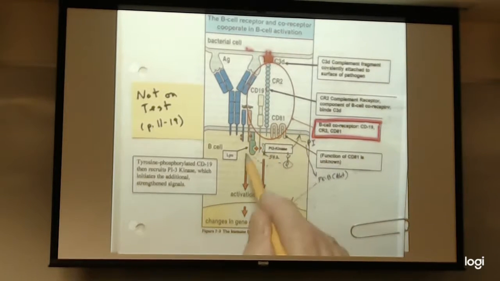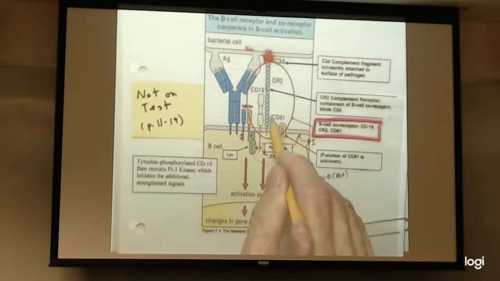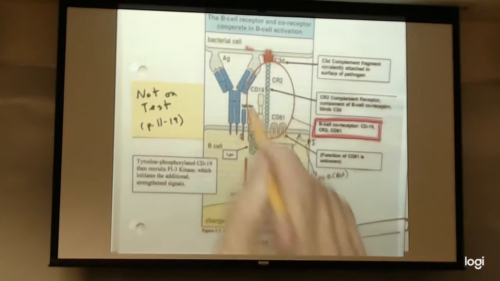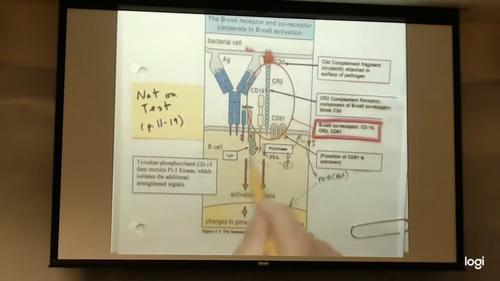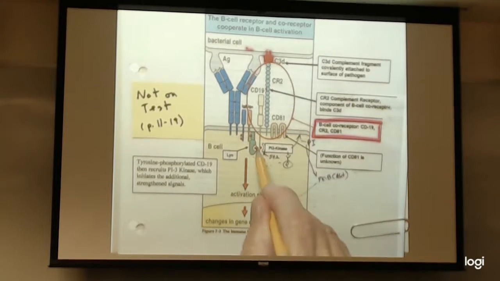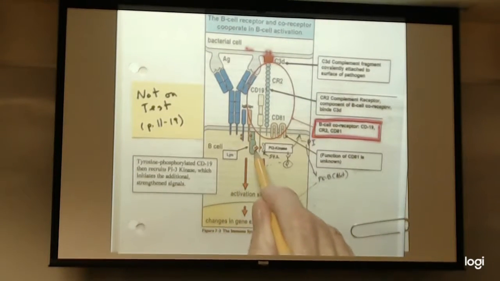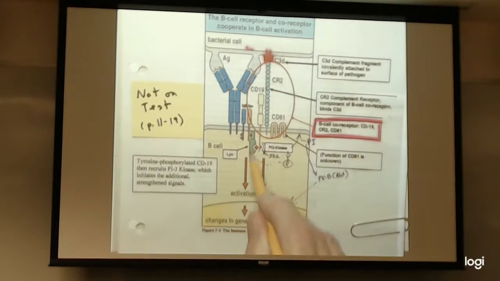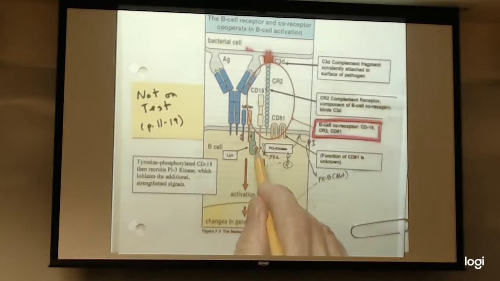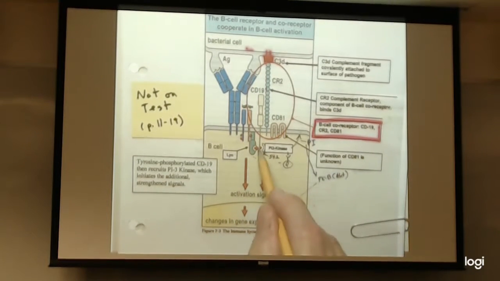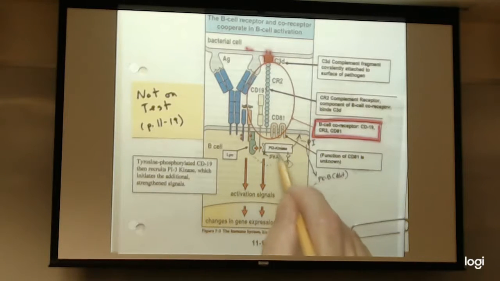And if this is close to the antigen, then CD19 is going to be finding itself close to a Src family kinase called Lyn, lymphocyte kinase, and Lyn will phosphorylate CD19, which will then recruit via the SH2 domain PI3 kinase, which will turn on the PI3 kinase pathway.